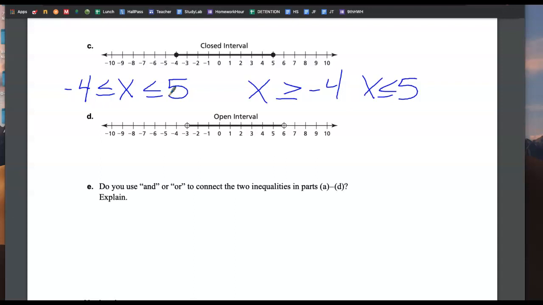And the next one, Emma? X is greater than -3 and... Good. So if I rewrote that one, it would be -3 is less than x, which is less than 6.